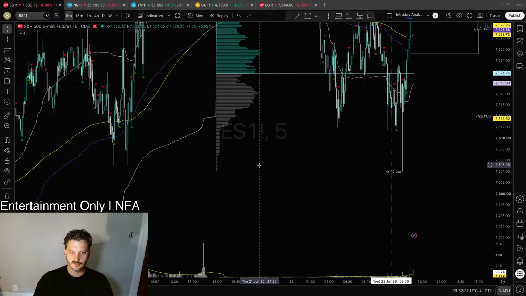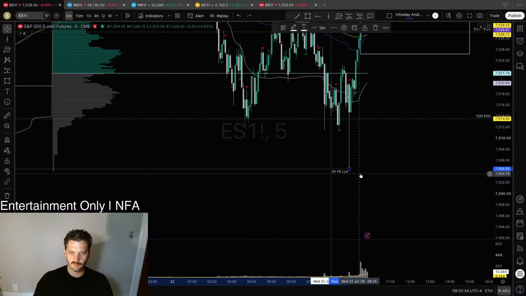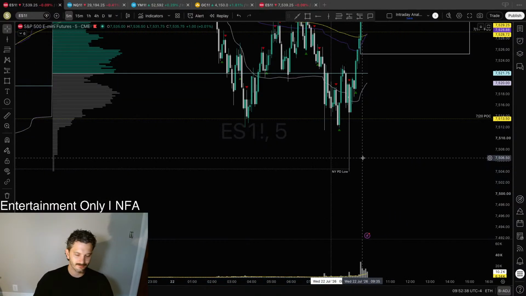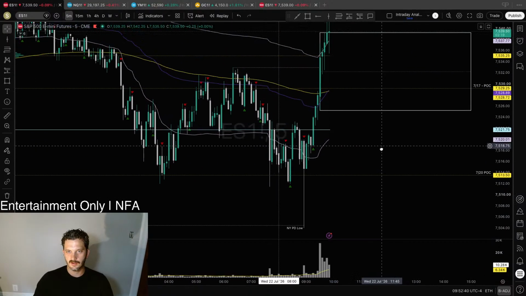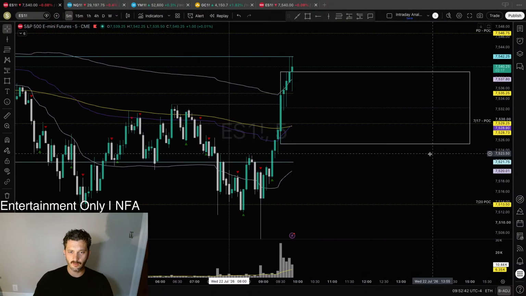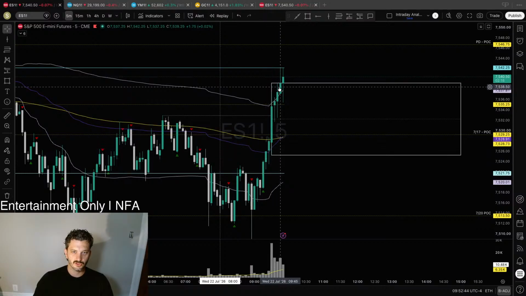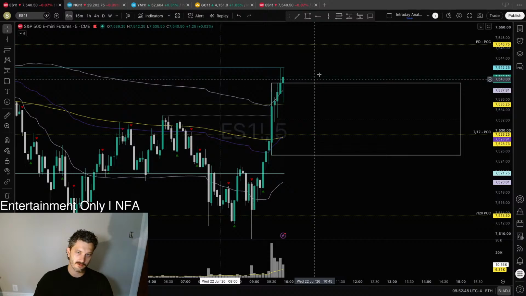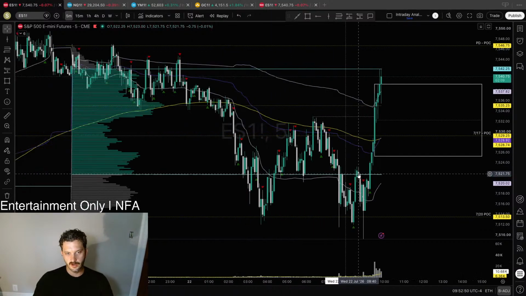And yes, we took this New York previous day low right here, but barely tapped into it, so we kind of have a relative equal low here. Could see a sell-off down to there, but right now price has basically just moved straight up. We don't have a lot of structure to work with right now, which is frustrating.